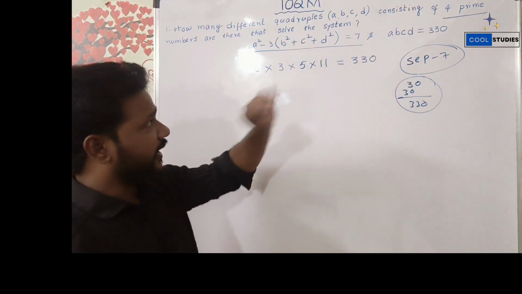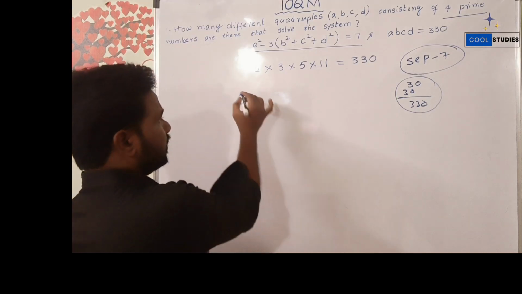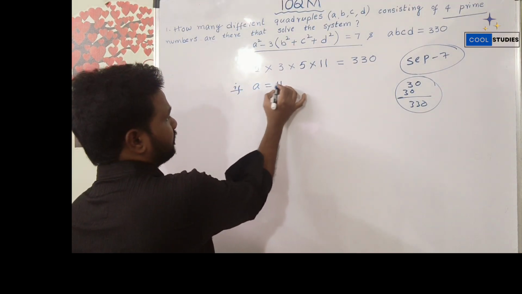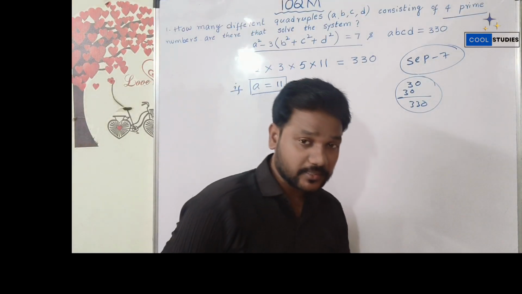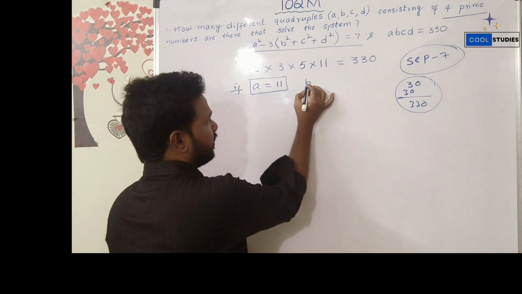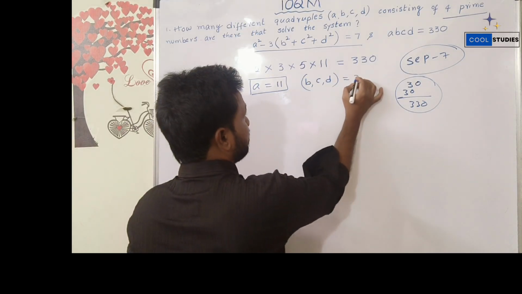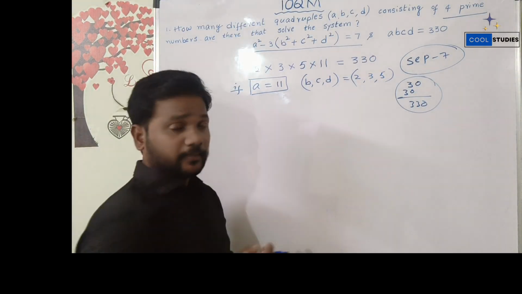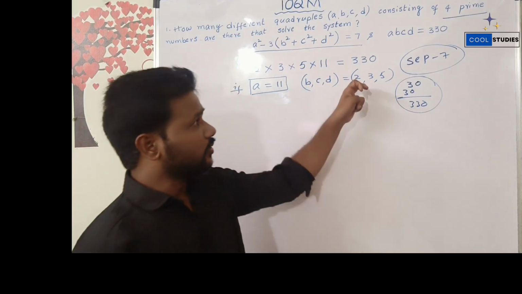Now let us take some values. I am considering that A is 11, and for B, C, D I am considering 2, 3, 5.